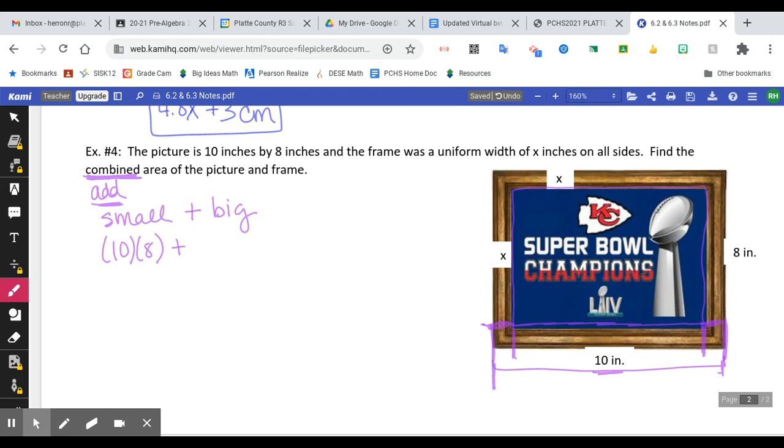If this little section is x and this little section is x, I have to add all three together: x plus 10 plus x, which is 2x plus 10. That's the width of my entire picture with the frame. The middle is 10, that's the blue part, and the little sections are x and x. So I've got 2x plus 10.